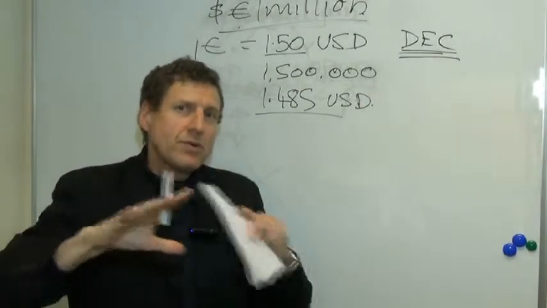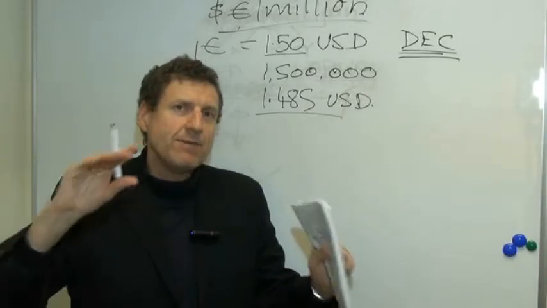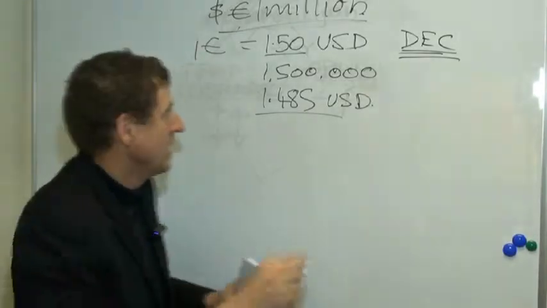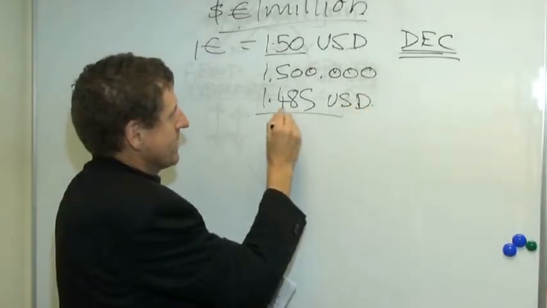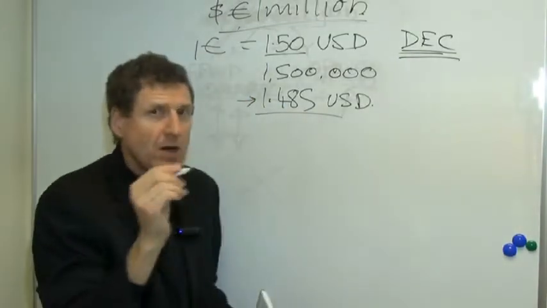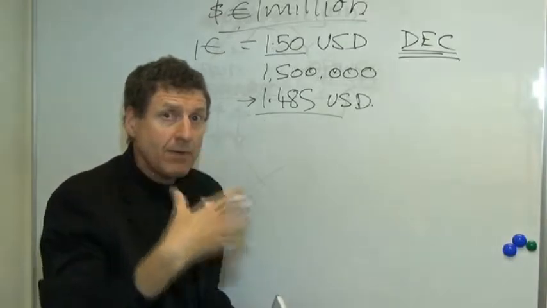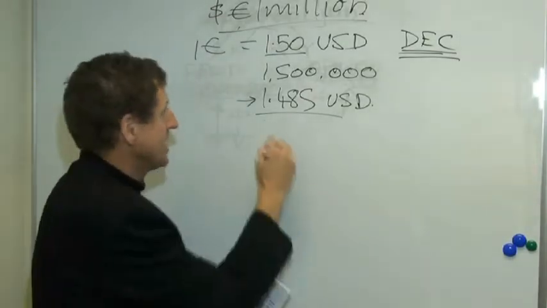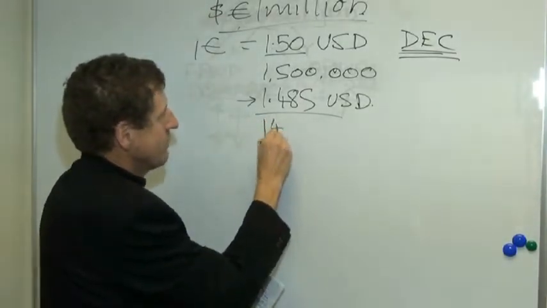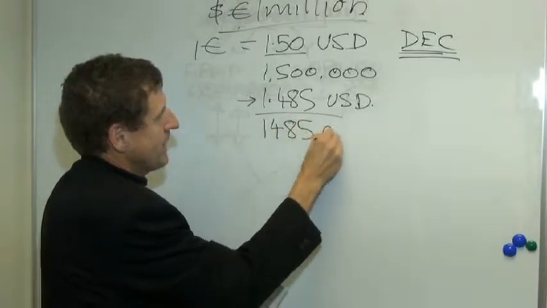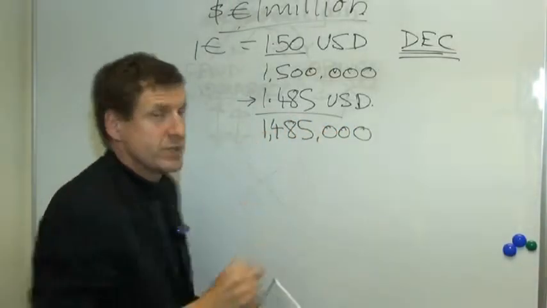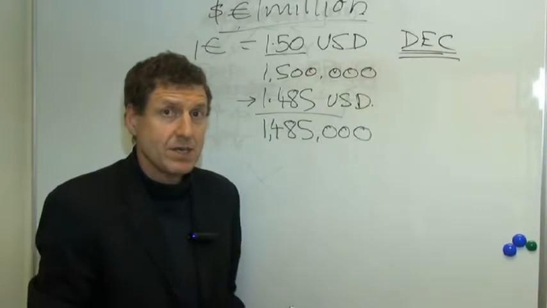Everything else being equal, with no other changes in Forex, if we have a perfect hedge and we used a forward contract that locked us in at 1.485, we are going to receive 1.485 million in 3 months' time.